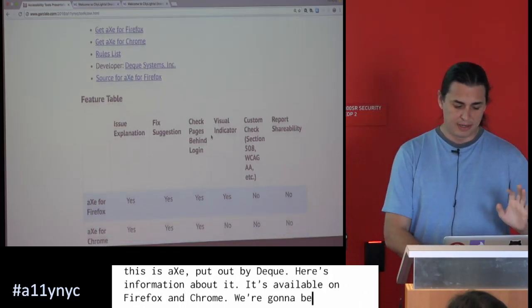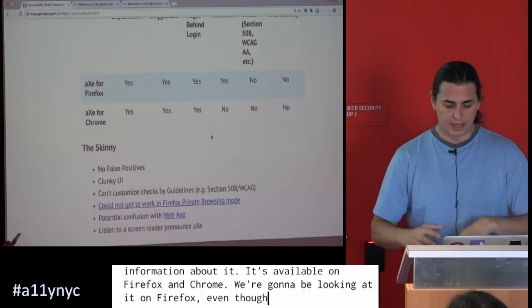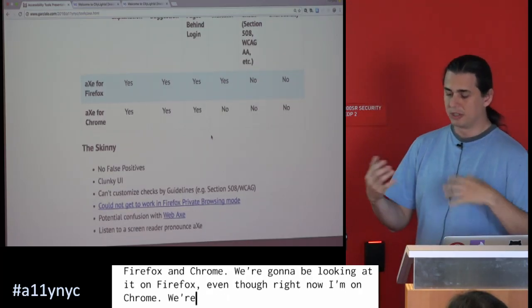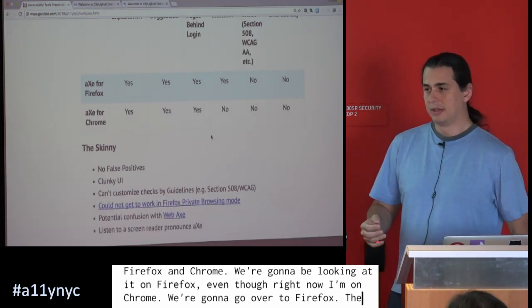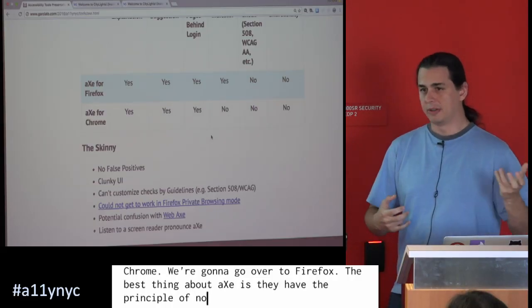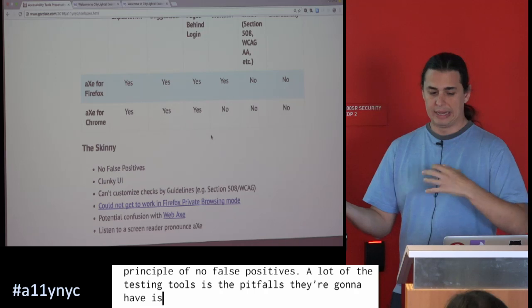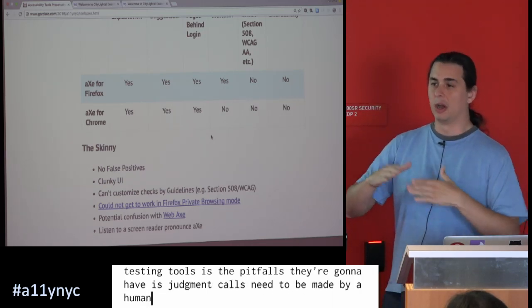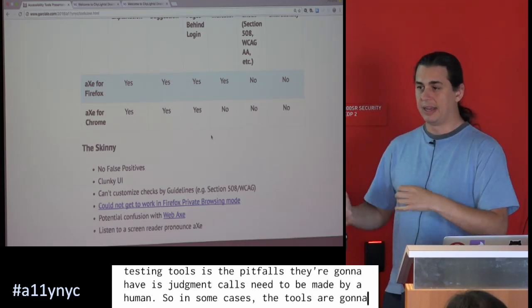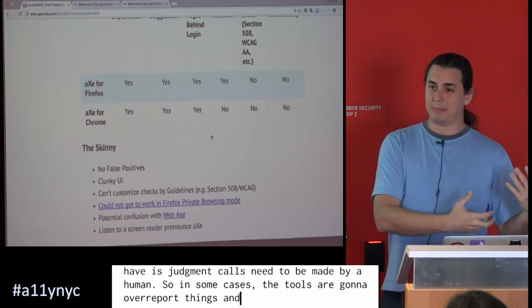So the best thing about Axe is that they have the principle of no false positives. So a lot of the testing tools, the pitfalls that they're going to have is that judgment calls need to be made by a human. And so in some cases, the tools are going to over-report things and say, oh, here's an issue, but it might not actually be an issue.